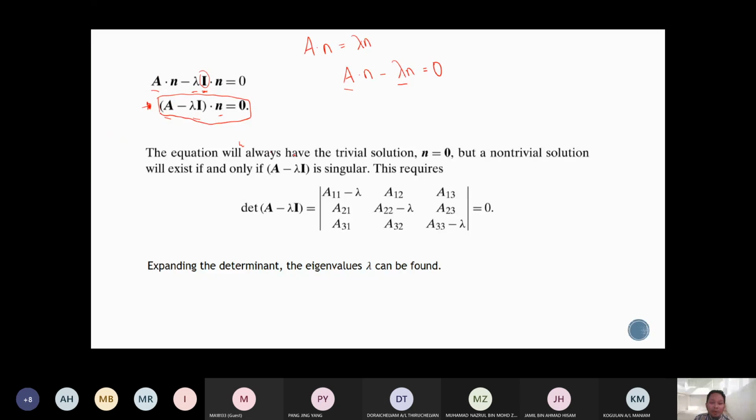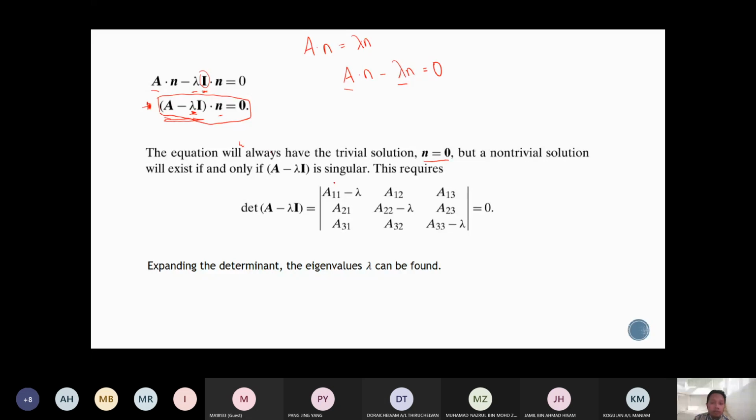The equation will always have the trivial solution n equals 0, where n is a zero vector, and then you get the solution. But what we want is to find the value of lambda that makes this factor equal 0.